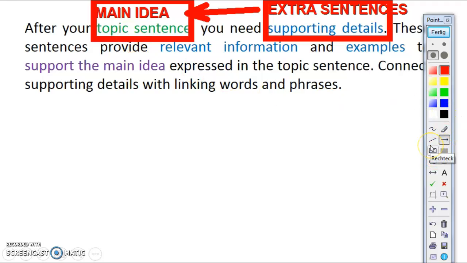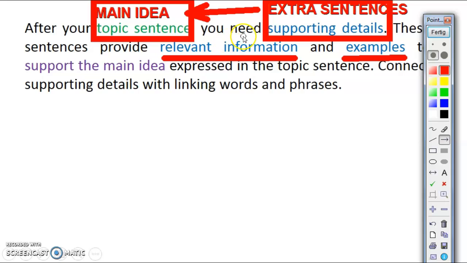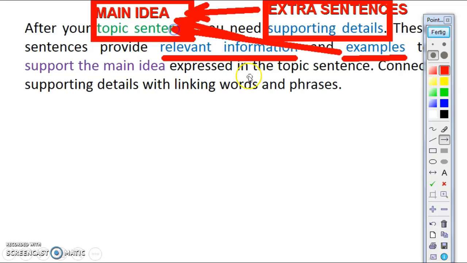And these extra sentences or supporting details provide relevant information, and also include examples. Examples that, one more time, support our main idea. You can see the main idea is the central part. All the other sentences are related to our topic sentence.